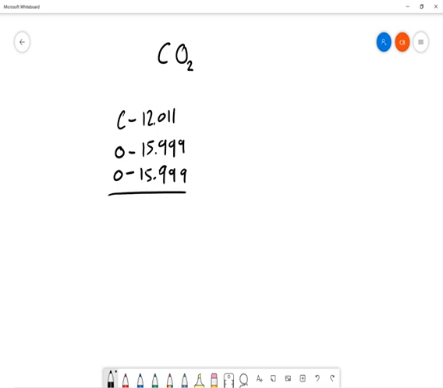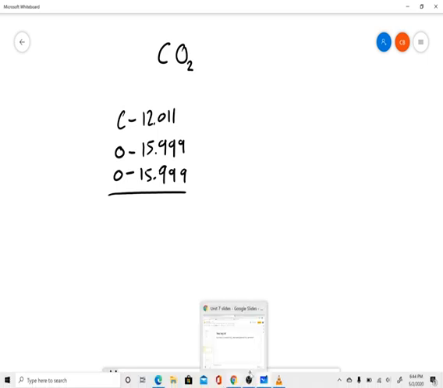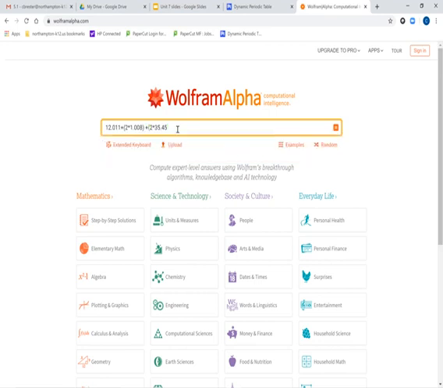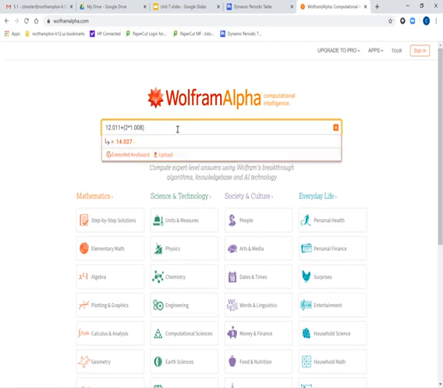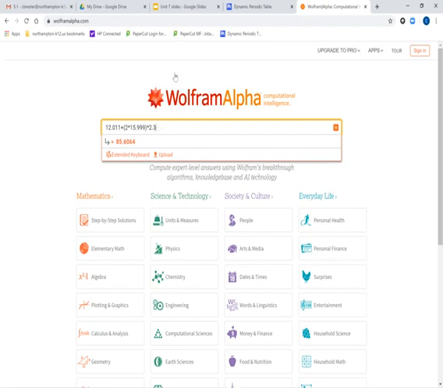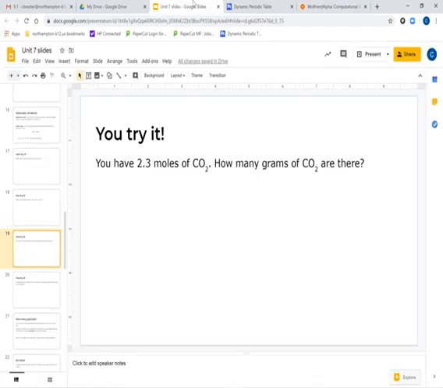So 12.011 plus 15.999 plus 15.999 gives you 44.009 per mole. And then I'm going to double check the numbers, but I believe we had 2.3 moles of it.